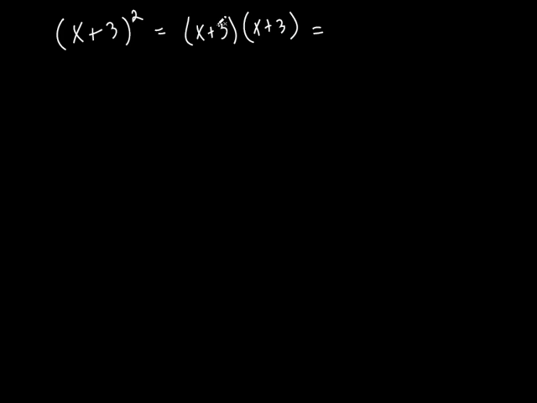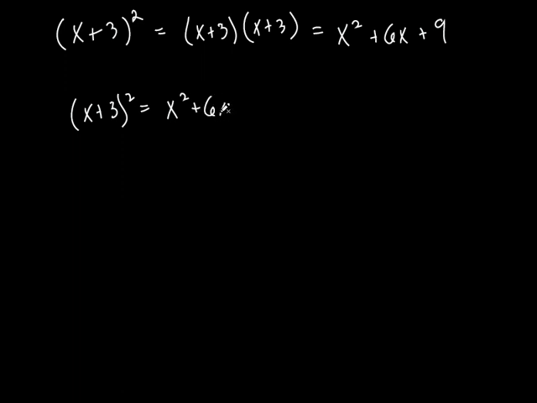All right, so let's take a look. Let's figure out what this actually is. We do FOIL, right? So it's x squared plus 3x, which is plus 6x, and then plus 3 times 3, which is plus 9. Okay, so that's what that is. I did that one time just to make sure you know how we got this.